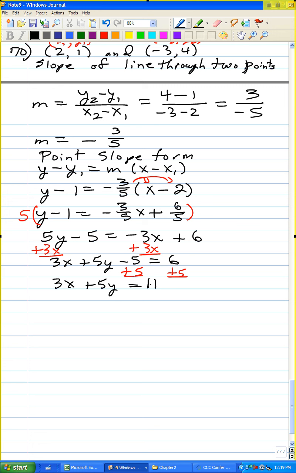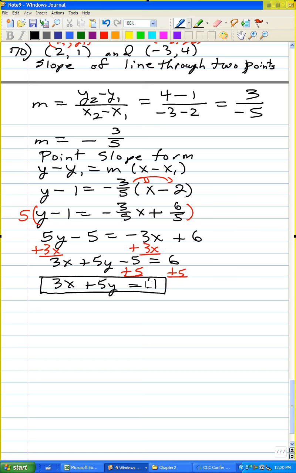Well, each of these coefficients are integer valued. The coefficient in front of x is greater than 0, and there are no common factors.